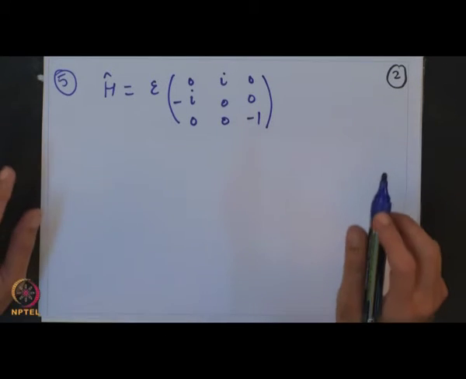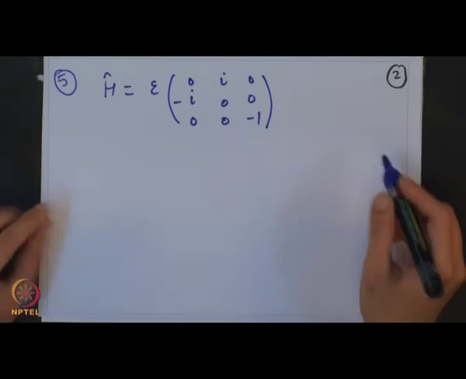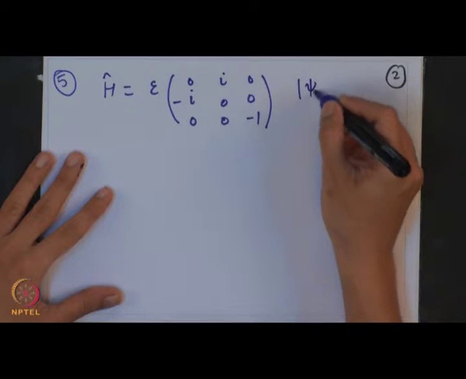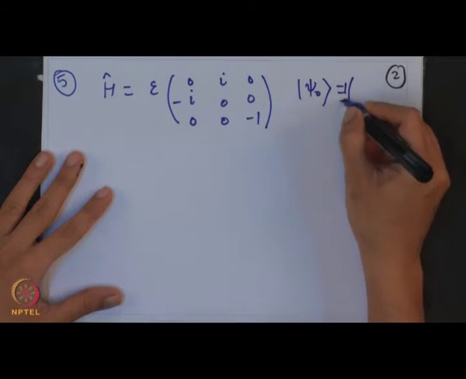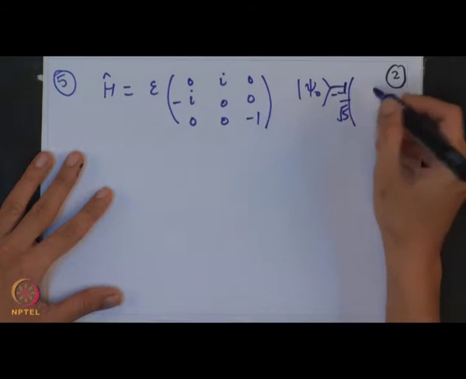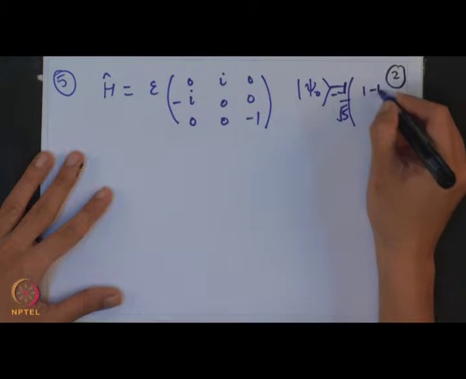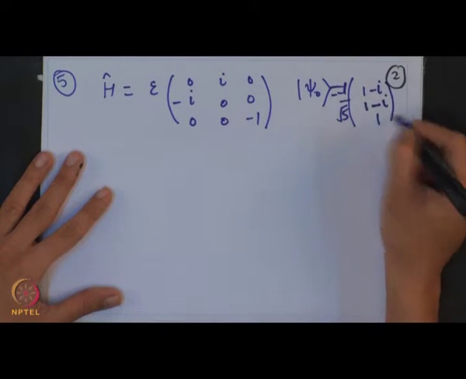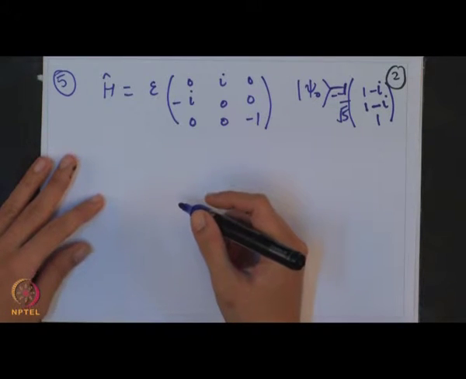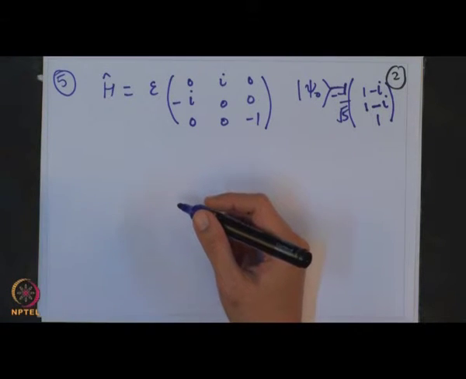This is the Hamiltonian operator and the initial state is given to you. This is at some initial state 1 by root 5, with components 1 minus i, 1 minus i and 1. And you are given a series of questions on this.